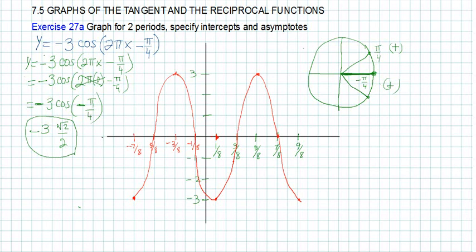So the y-intercept is indeed negative, because cosine of negative pi over 4 is positive because of the x factor right here. Alright, so we're done. Thank you for watching 27A.